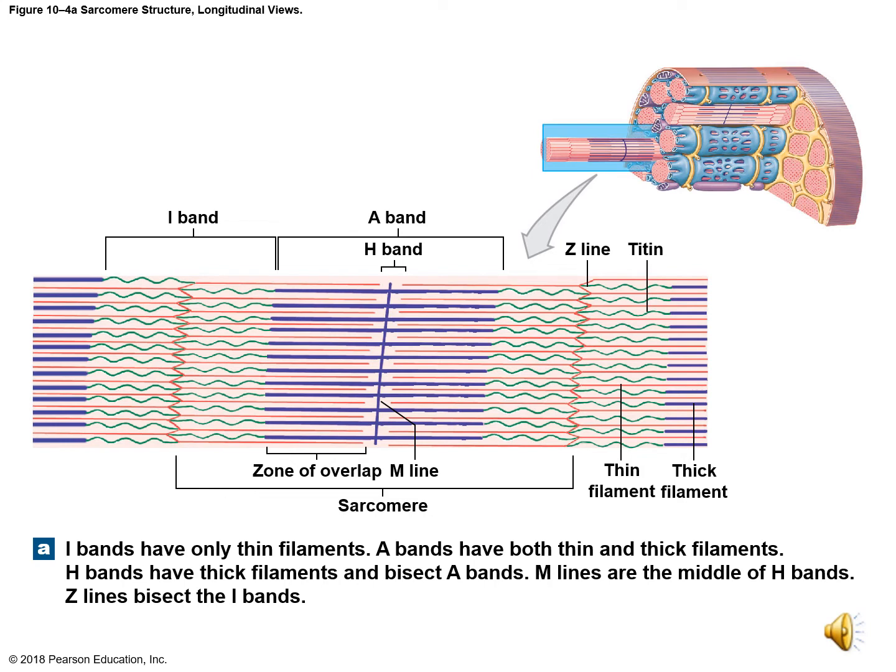So the whole myofibril, all of its sarcomeres, will contract at the same time, causing the myofibril to contract, and then that will cause the whole muscle fiber to contract, and many muscle fibers are doing this, causing the muscle itself to contract. Now, your sarcomere is made up of a number of different kinds of proteins.